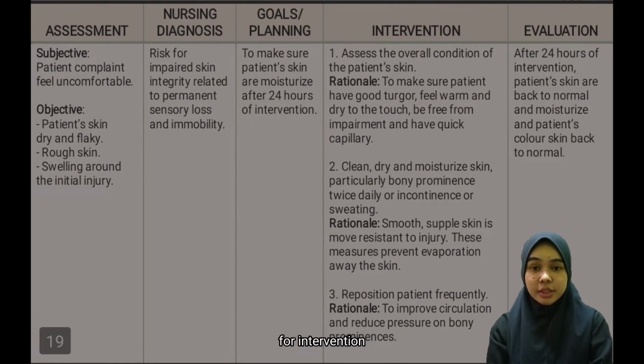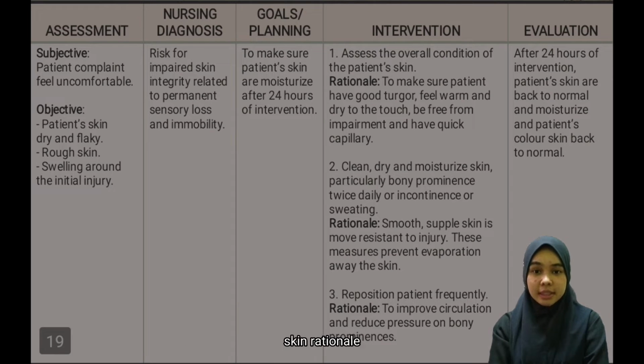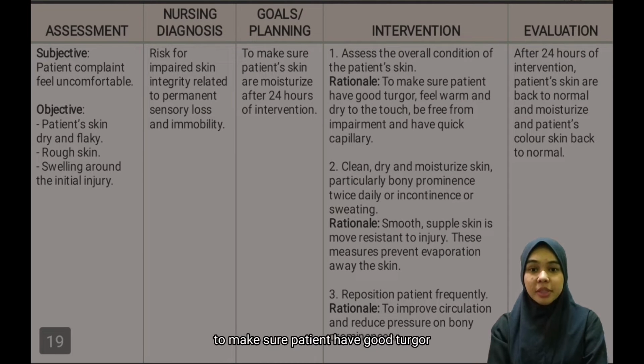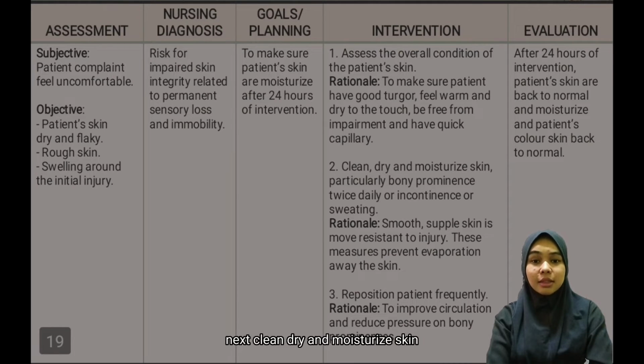For intervention, firstly, assess the overall condition of the patient's skin. Rationale: to make sure the patient has good turgor, feels warm and dry to the touch, is free from impairment and has quick capillary refill. Next, clean, dry and moisturize skin, particularly bony prominences, twice daily or after incontinence or sweating.